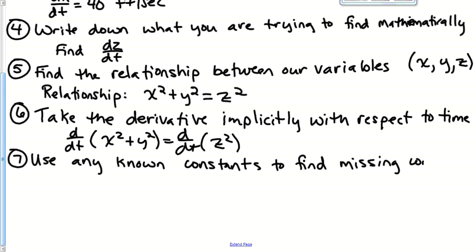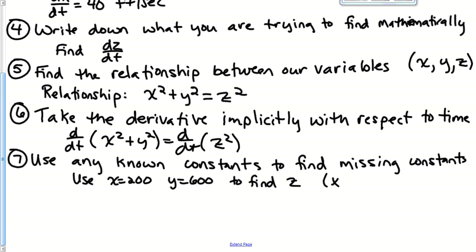And again, we're using that relationship again. So for us, we used x was 200 and y was 600 to find z, and we used x squared plus y squared is equal to z squared.